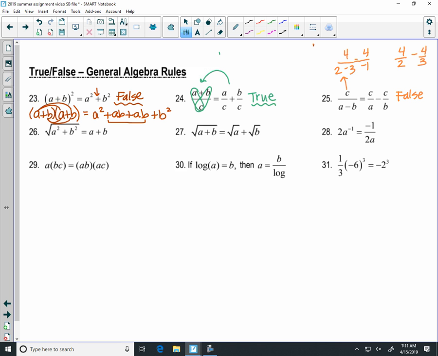So that side would be equal to -4. There is no way I'm going to get -4 out of that subtraction. But you're welcome to do it. So that guy is false.